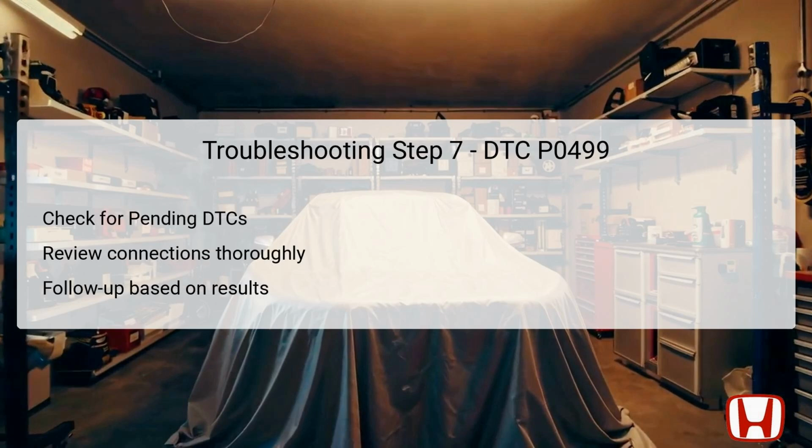In the seventh troubleshooting step, the technician should check for any pending or confirmed DTCs once again utilizing the HDS. If DTC P0499 is still indicated, there may be concerns with poor connections or loose terminals, either at the EVAP canister vent shut valve or the ECM/PCM.